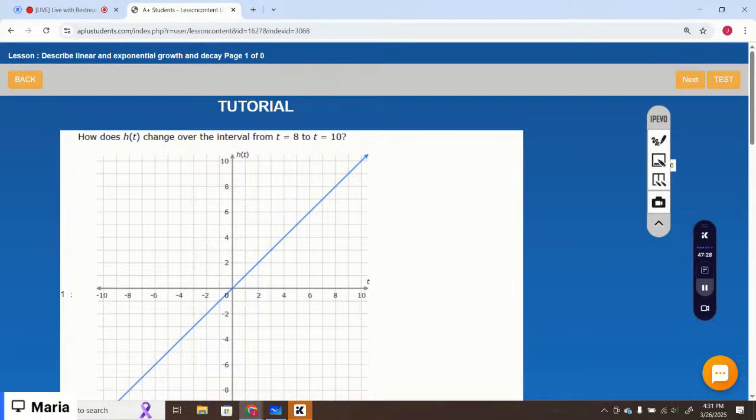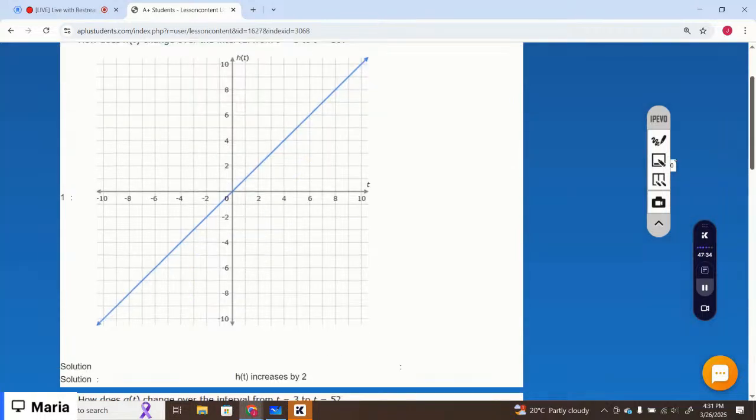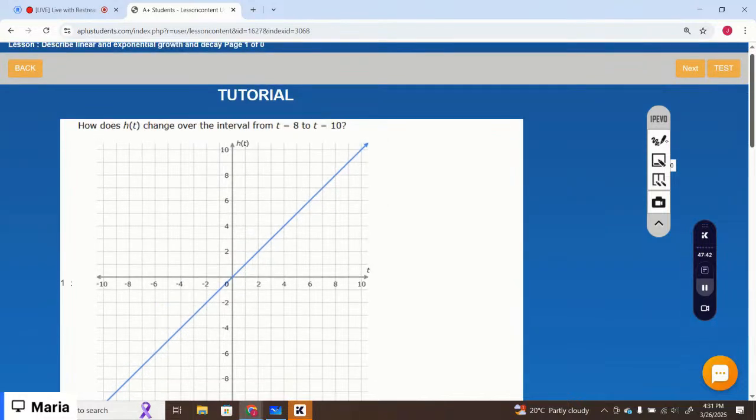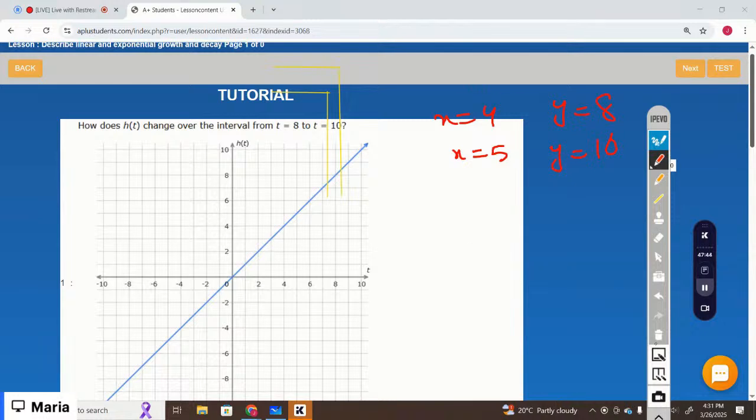How h of t changes over the interval t equals 8 to t equals 10. So let's just see how it is increasing. Here is t equals 8, and here is t equals 10.